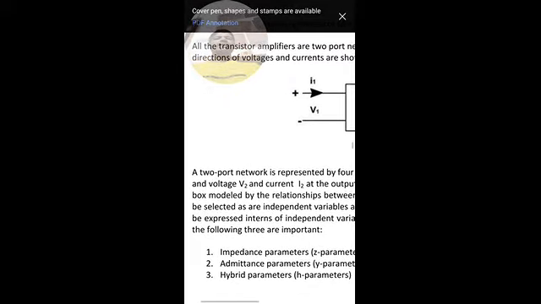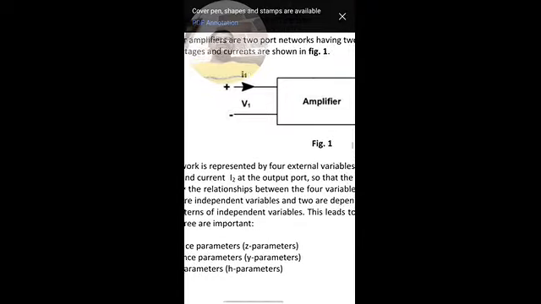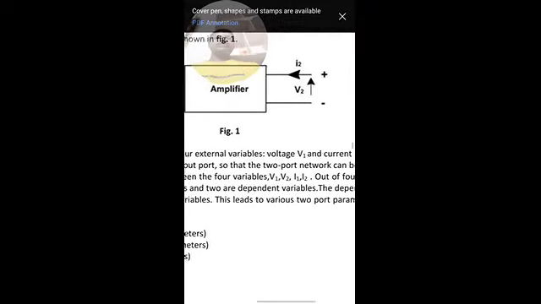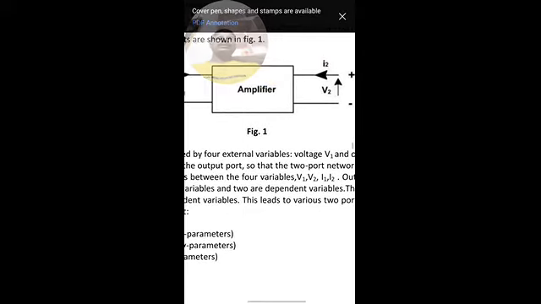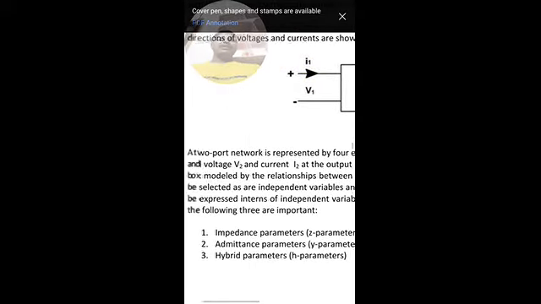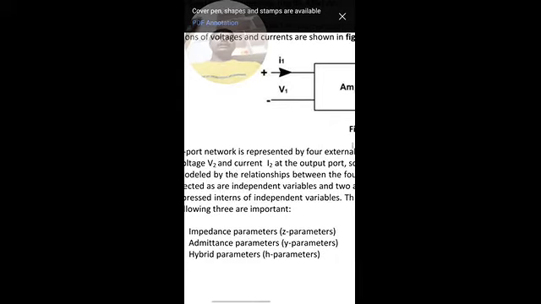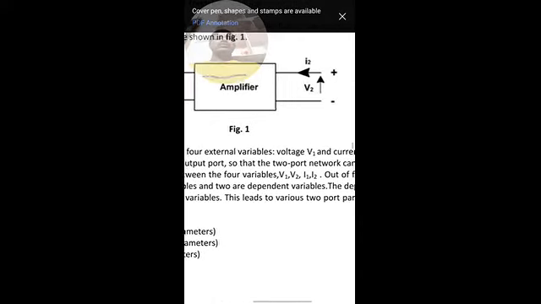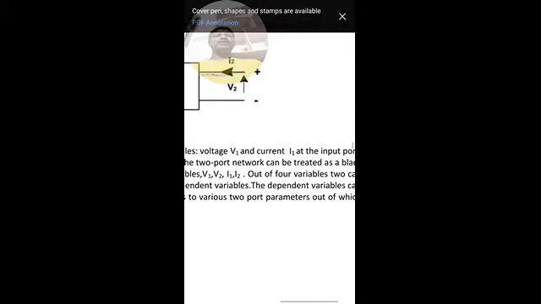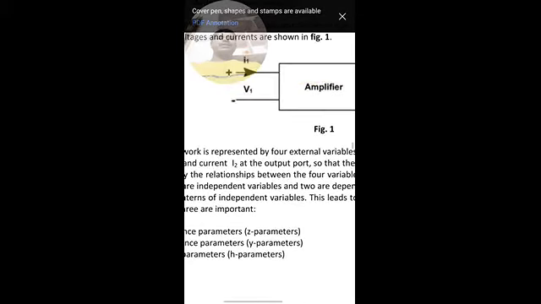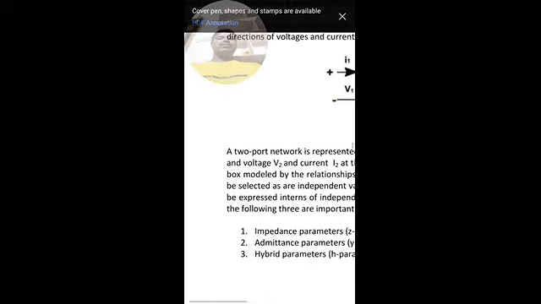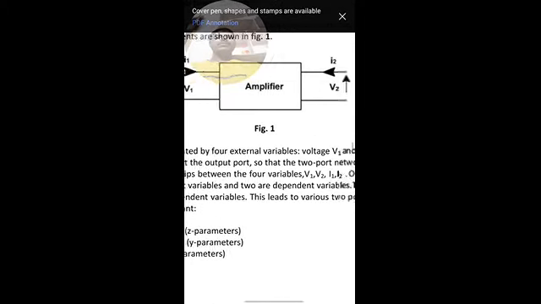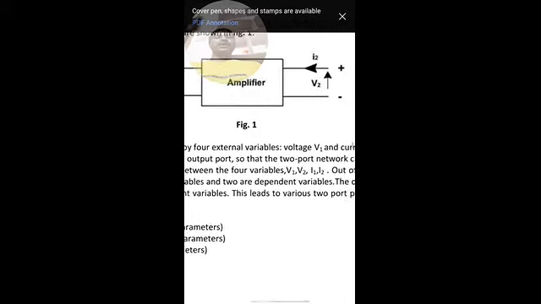A two-port network is represented by four external variables: voltage V1 and current I1 at the input terminals, and voltage V2 and current I2 at the output port. So the two-port network can be treated as a black box model by the relationship between the four variables V1, V2, I1, I2.